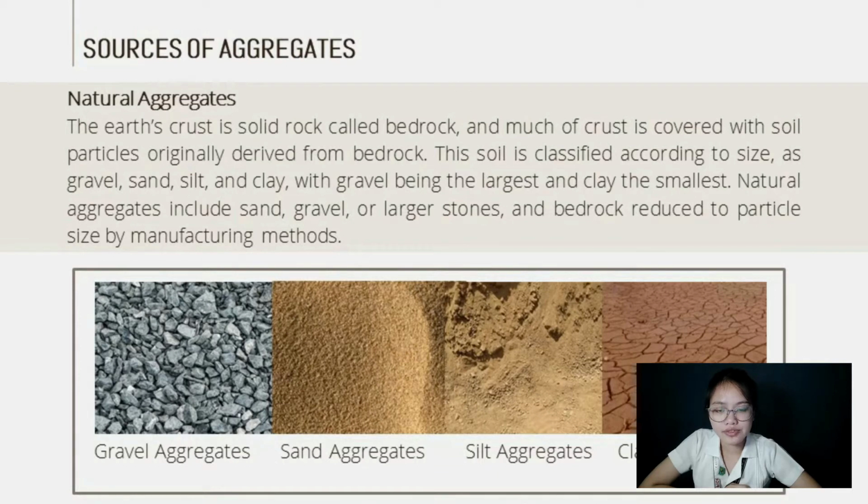This soil is classified according to size as gravel, sand, silt, and clay, with gravel being the largest and clay the smallest. Natural aggregates include sand, gravel or larger stones, and bedrock reduced to particle size by manufacturing methods.